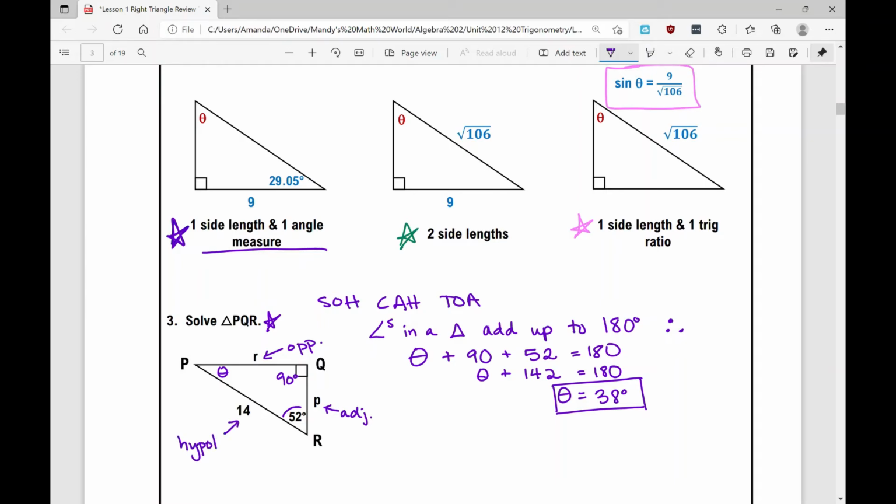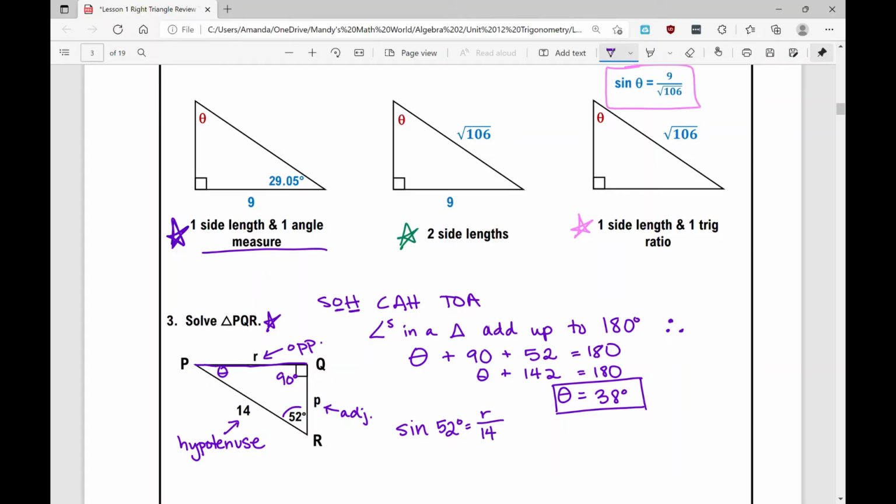Which is our longest side of our right triangle. It's directly across from that right angle. I know that the sine of 52 degrees equals the ratio of the opposite side over the hypotenuse. The opposite side is r over the hypotenuse.